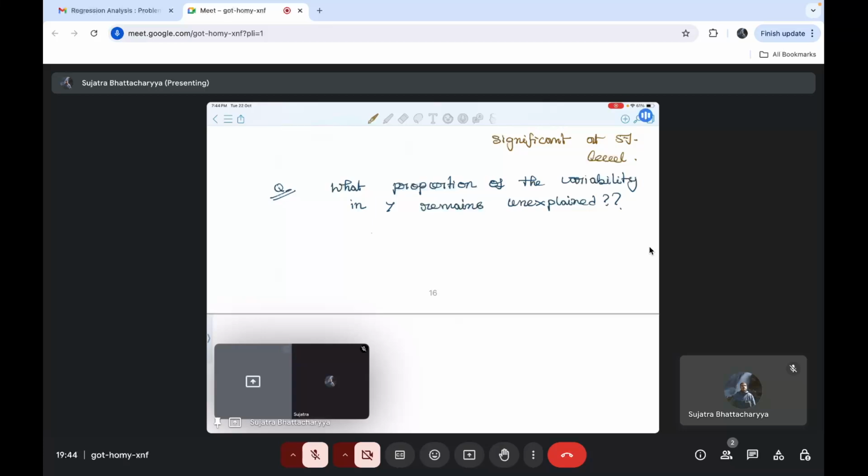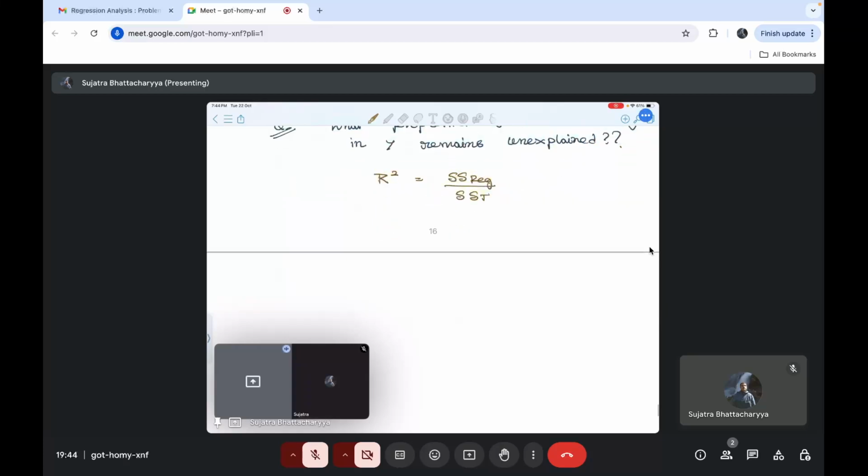Okay, and what is the formula of that? R square is SS regression divided by SS total. Now, this is the coefficient of determination or multiple determination, whatever determination. Okay, this explains the variability in Y. Right.